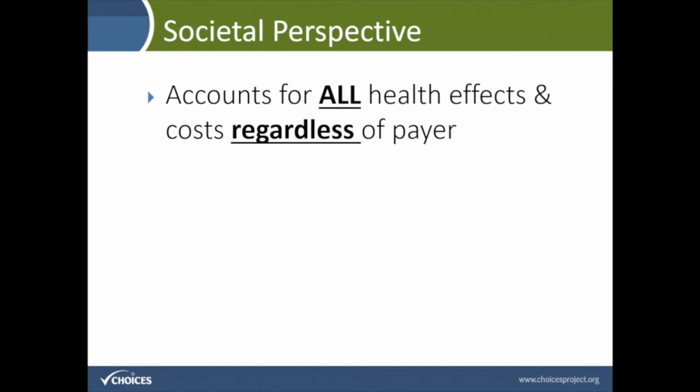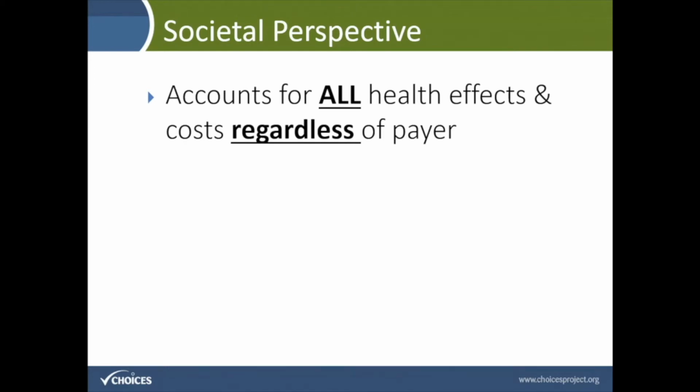For Choices, however, we consider costs in many different sectors: education, social services, health, etc. However, one thing that the societal perspective says we should count, but that we may not always count in Choices, besides patient time, is economic productivity.